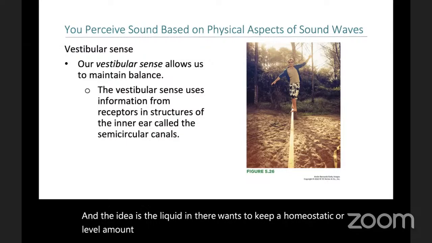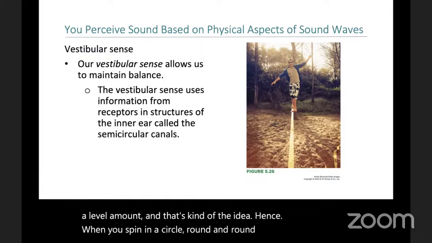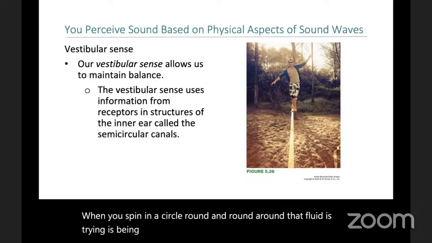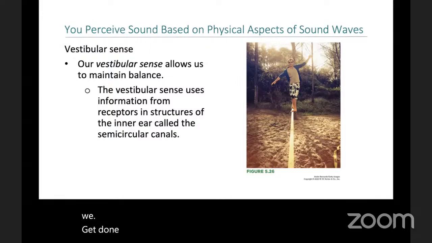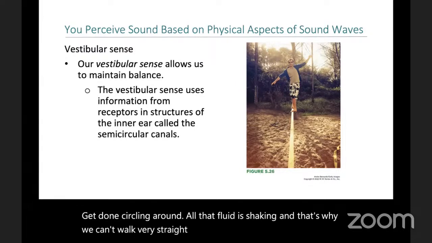Hence, when you spin in a circle round and round, that fluid is being extended into one area of the canal. When we get done circling around, all that fluid is shaking, and that's why we can't walk very straight when we go in a circle several times.